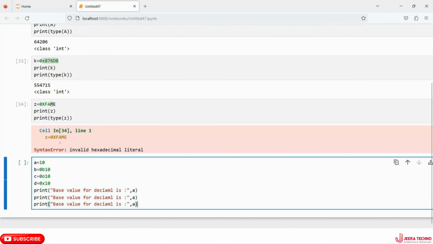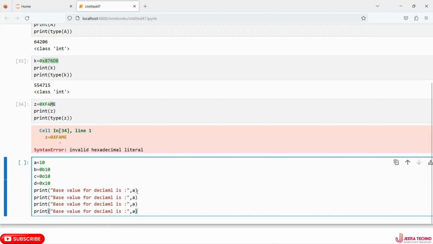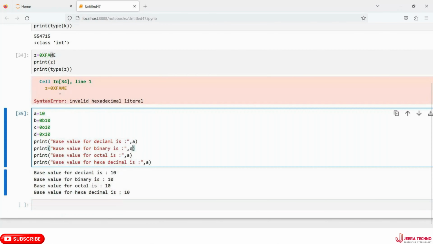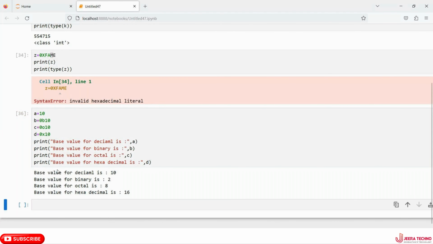Integer is common, remaining all the same. So base value for binary, base value for octal, and base value for hexadecimal. When you execute now, let's see, sorry, this is A, B, then C, then D. Execute it. So base value for decimal is 10 as it is an integer, base value for binary is 2, base value for octal is 8, and base value for hexadecimal is 16.